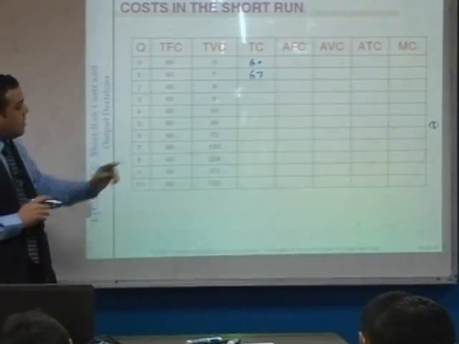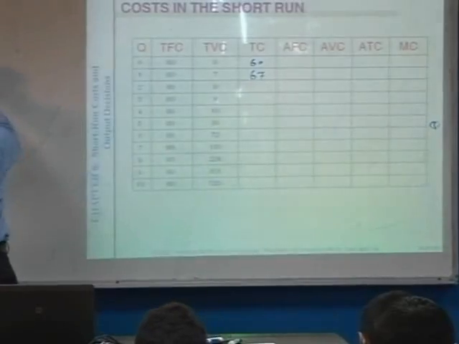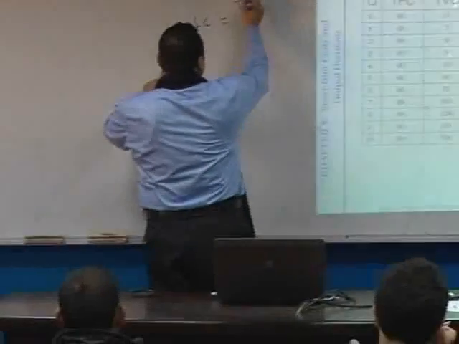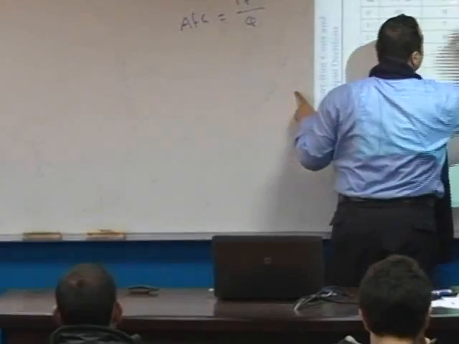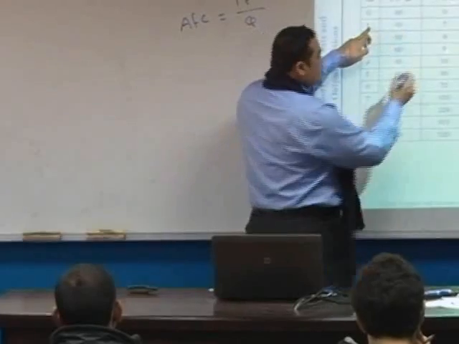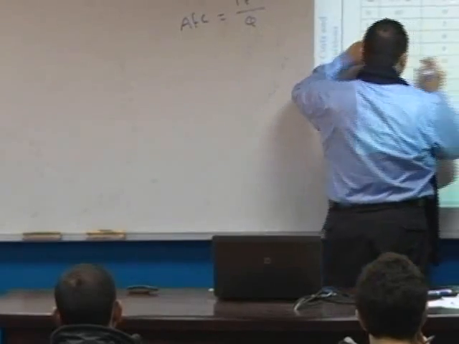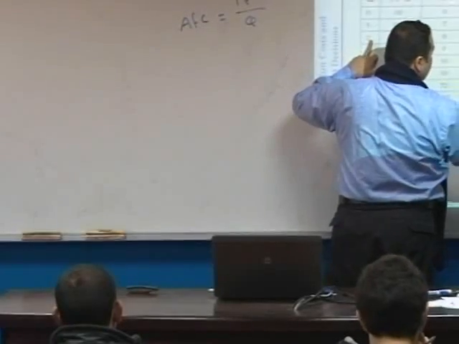Right? What about AFC? AFC equals TFC over Q. For the first case, 0. And then 60 over 1, 60. 60 over 2, 30. And so on.